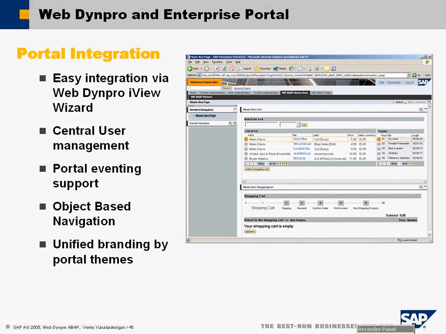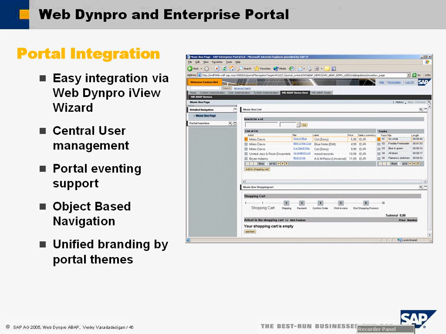All right. Portal integration. Of course, Portal is the strategic UI delivery platform for SAP, and Web Dynpro is the strategic UI development platform. So it would make sense to deliver Web Dynpro content in Portal in the form of iViews. So how do you do it?